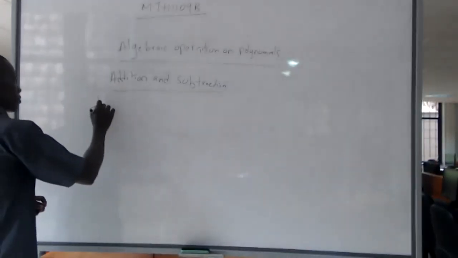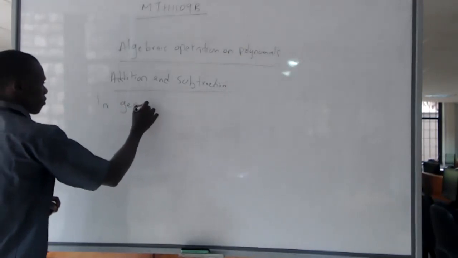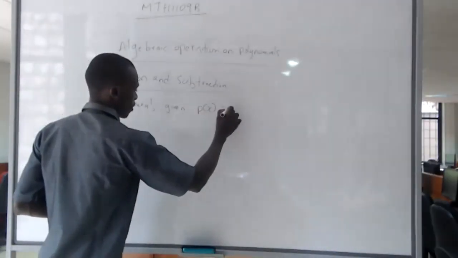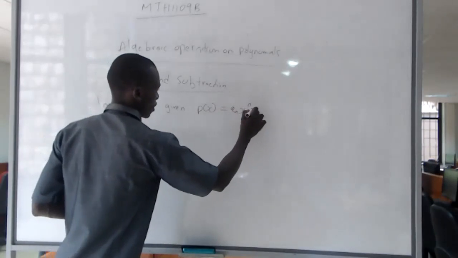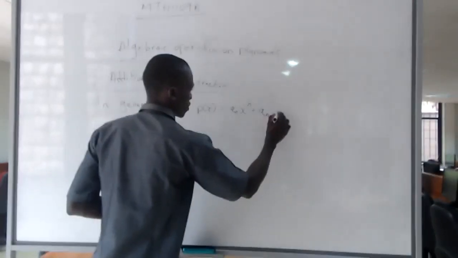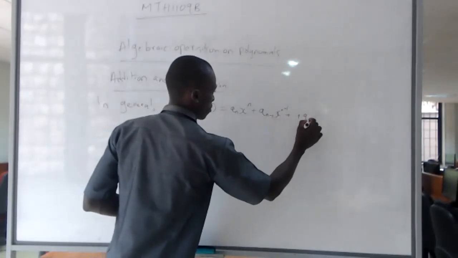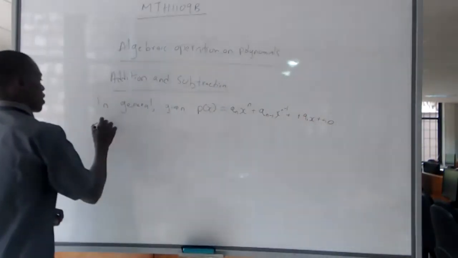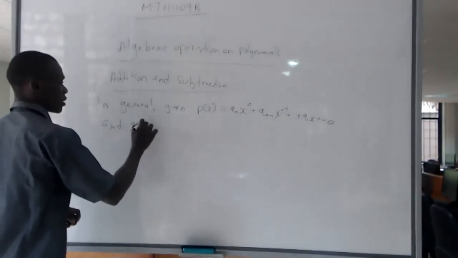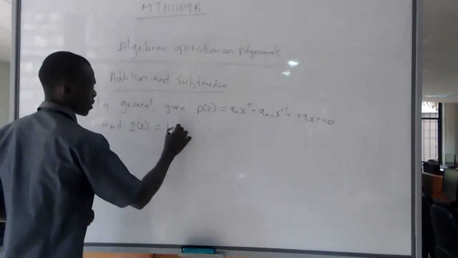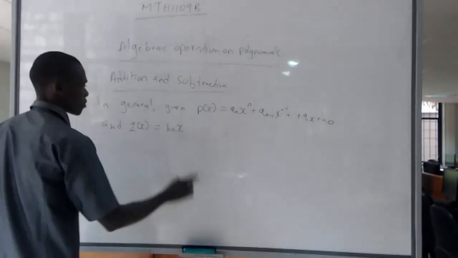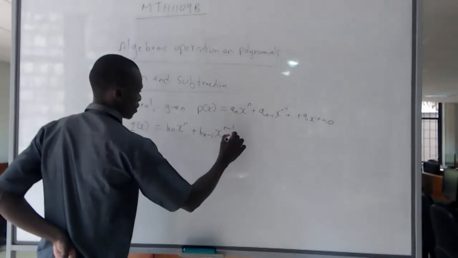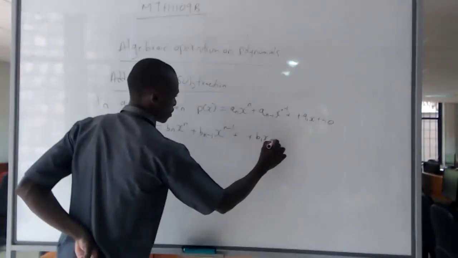In general, given P of x as some a_n x to the n plus a_{n-1} x to the n minus 1, up to a_1 x plus a naught, and Q of x as some b_n x to the n plus b_{n-1} x to the n minus 1, up to b_1 x plus b naught.